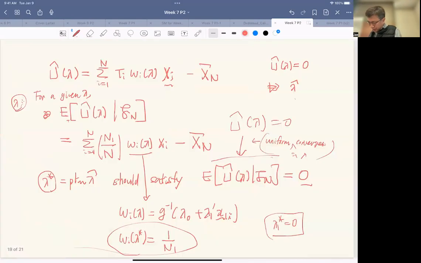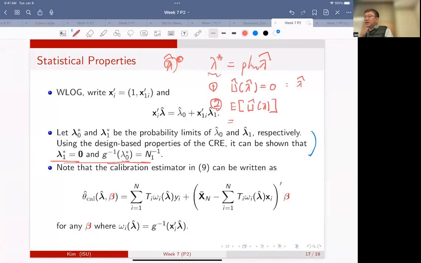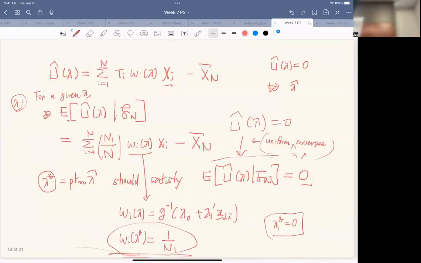Later we need a little bit more, but this is just to give you a flavor of what lambda star would be, what condition lambda star should satisfy. So let's move on. The point is, suppose lambda star exists. If it exists, it should satisfy this.